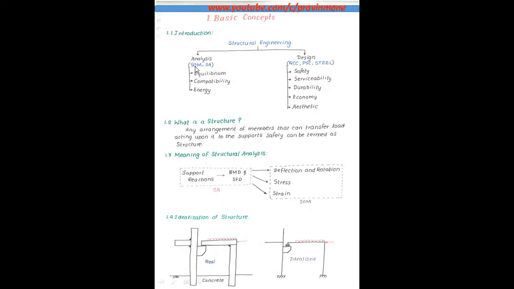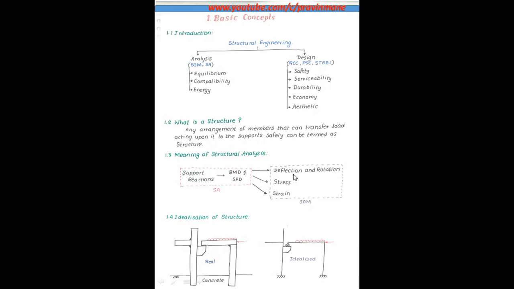In SA we calculate support reactions. By using support reactions we can calculate the bending moment diagram and shear force diagram. As far as SOM, strength of material, is concerned, we are related with deflection and rotation, stress concept, and strain concept. Stress is internal resistive force, and strain, as you know, is an elongation factor.